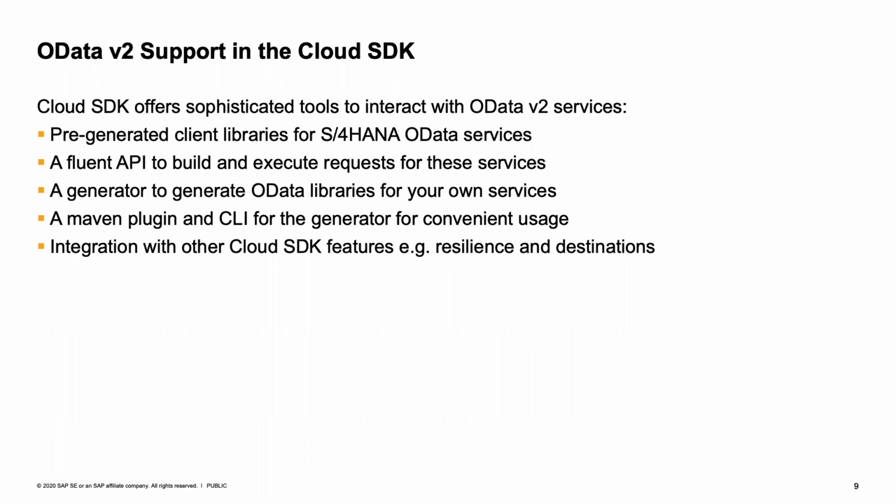There is quite a sophisticated tool set in the Cloud SDK to interact with OData version 2 services in general. One part of that is that the SDK ships pre-generated libraries for S/4HANA services, and then offers a fluent API to build and execute requests for such services.